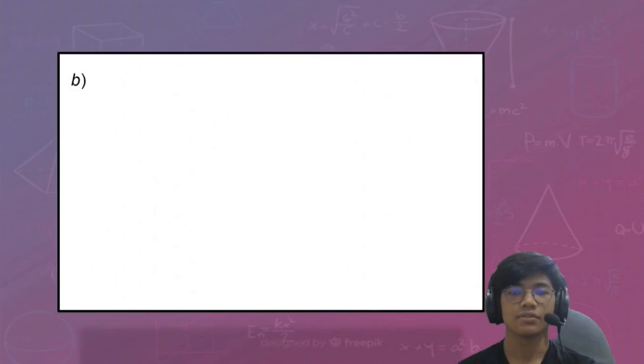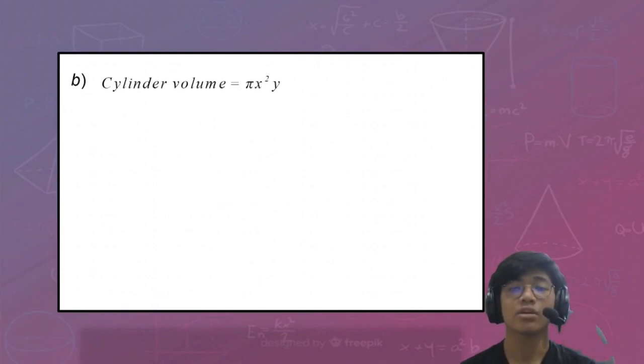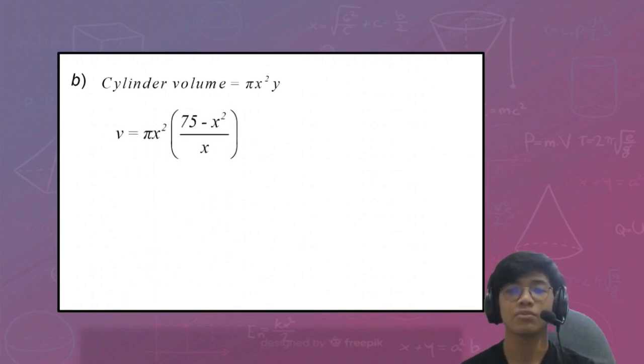Next, to solve question B, first step, we must know and write the cylinder volume formula, which is pi x square y. And then, the next step is to replace the y that we already got from question A into the formula. It will then become V, which is volume, equal to pi x square times 75 minus x square over x.